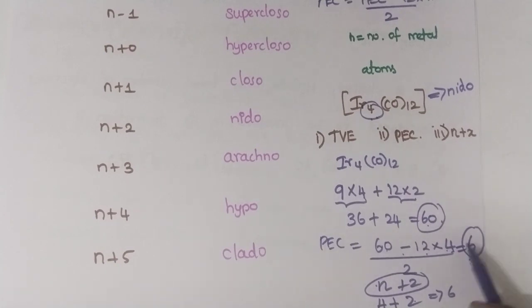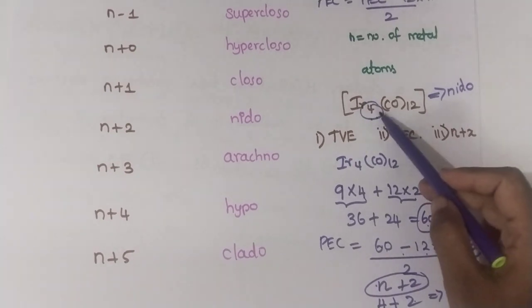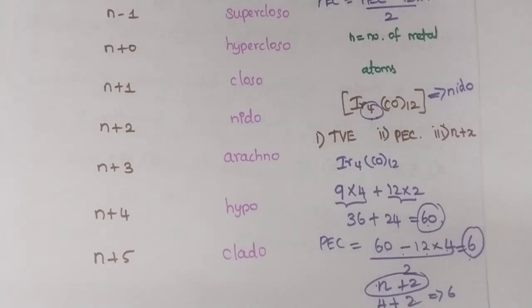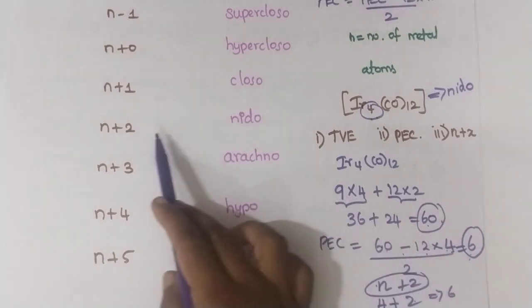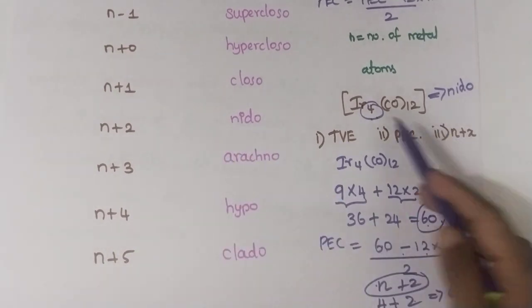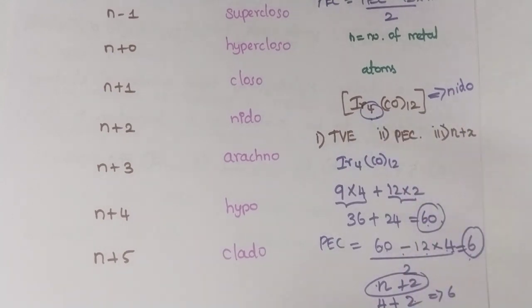It will give you a number. You have to write it in the format n plus x, because 6 means here 4 metals are present, so 4 plus 2 gives 6, which is the n plus 2 format. N plus 2 corresponds to the nido structure. Hence this Ir4(CO)12 belongs to nido. Okay, this is how you have to find it. So I think it is an easy topic, right?